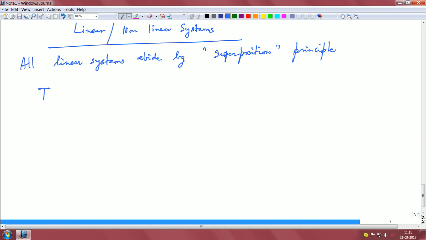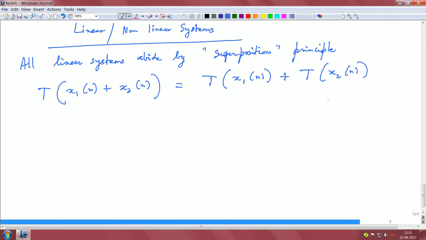So, let us say the system T is acting upon inputs x1 of n and x2 of n, and it gives you some y1 and y2, where y1 of n is the response of the system to x1 of n and y2 of n is the response of the system to the input x2 of n.